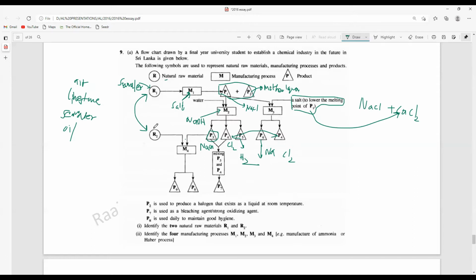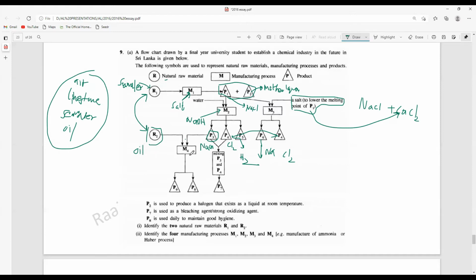So this is a natural substance, a raw material, and you use NaOH and this natural substance to get something. Can you remember what this part is? Is there a part in our syllabus where we use NaOH? Can you think about that? If you remember about these natural raw materials, when you have oil, we heat this with NaOH.